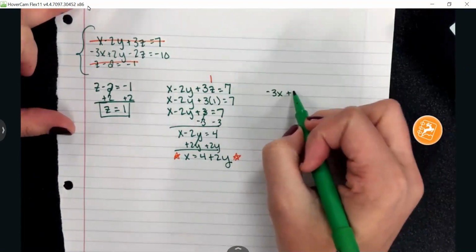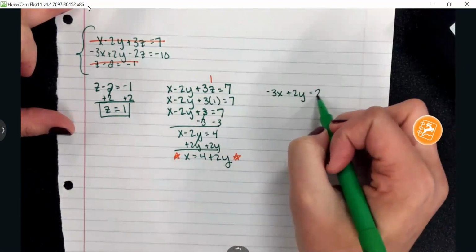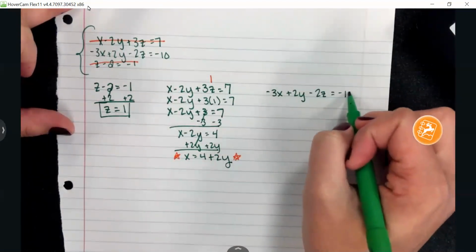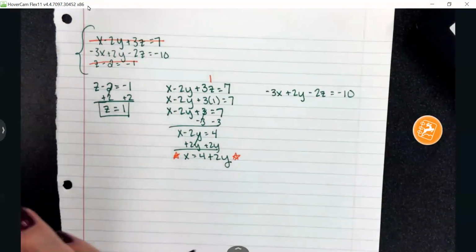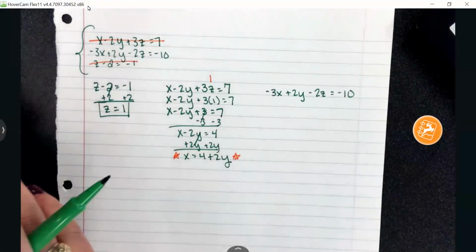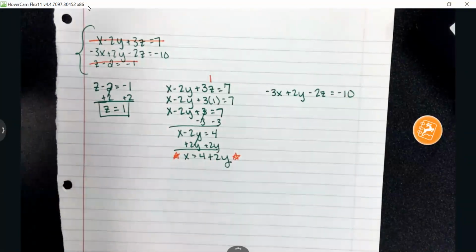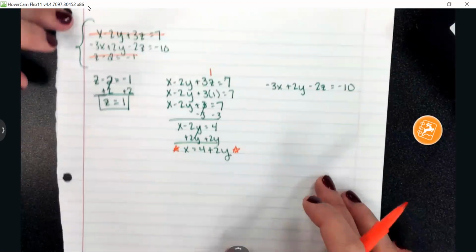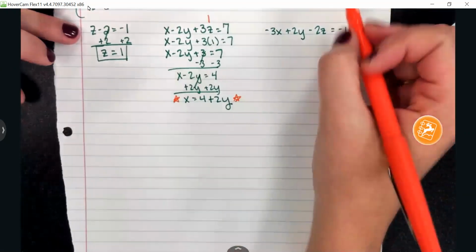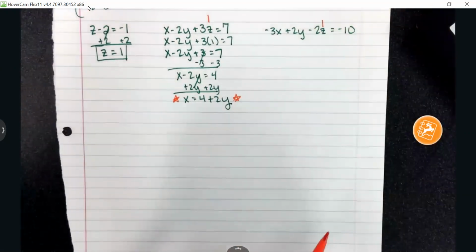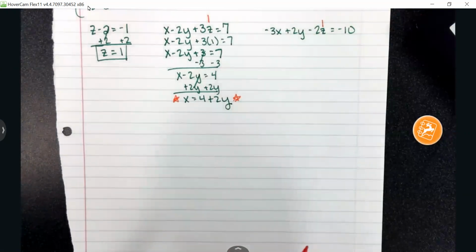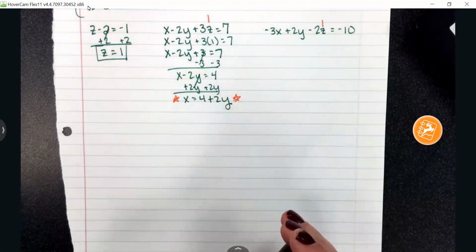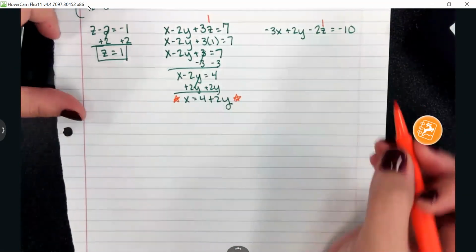Negative 3x plus 2y minus 2z equals negative 10. Colin, what is something I can plug in? For z, you could plug in 1. Okay, so for z, I'm going to plug in 1. Christian, is there something else I can plug in? Yeah, for x, you plug in 4 plus 2y.